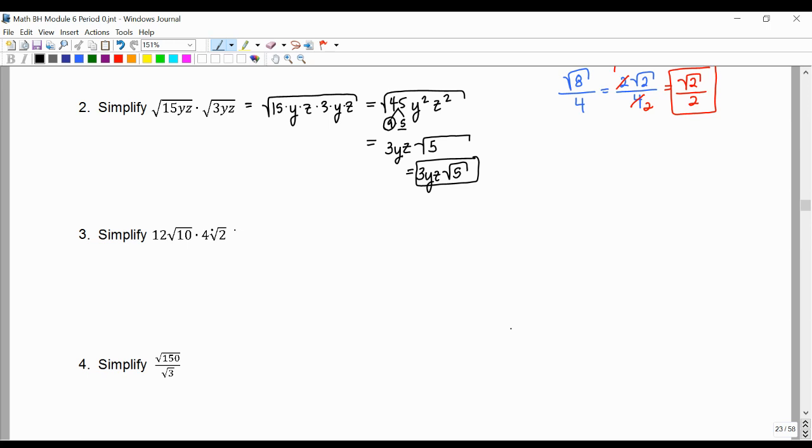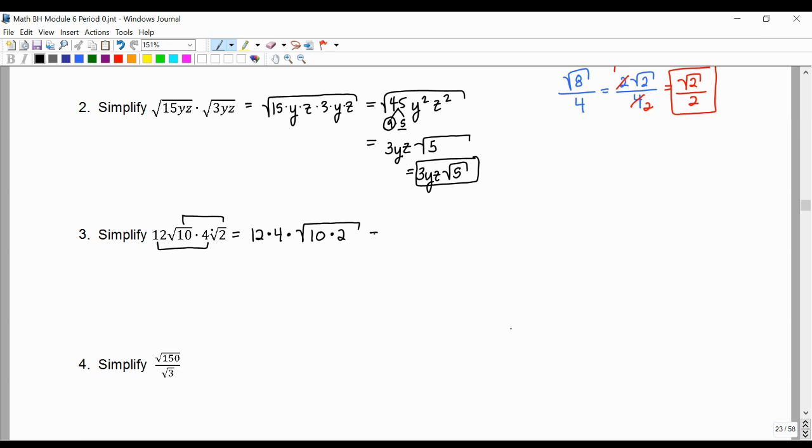Number 3, another technique is that we can multiply the rational parts and the irrational parts. This is essentially the commutative property of multiplication. So we can say that 12 times 4 times the square root of 10 times 2. And then we're going to simplify this.